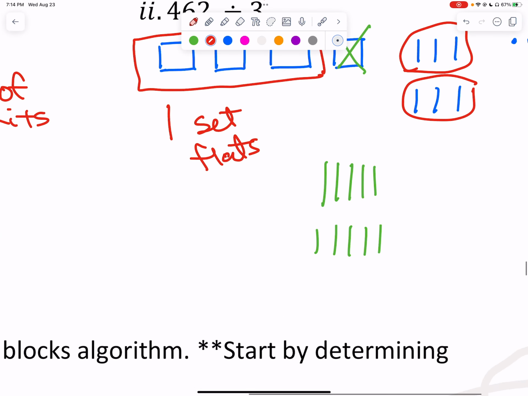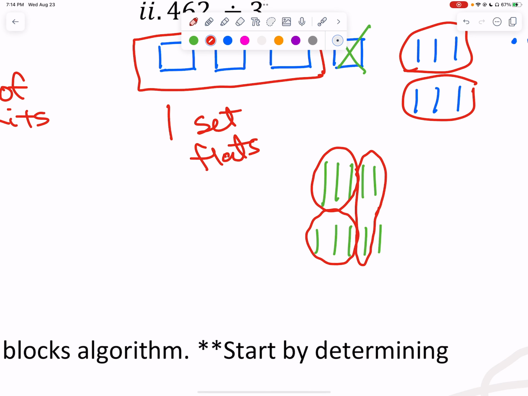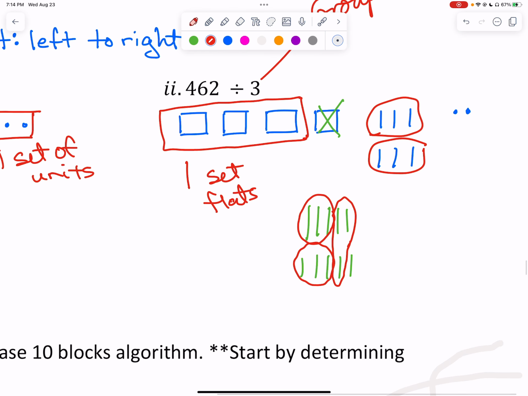Let's come down here and group this up. There's a group of 3. There's a group of 3. And there's a group of 3. Holy moly, how many 3s do we have? So that's 1, 2, 3, 4, 5. So I've got 5 sets of rods or longs. Some people call them longs.